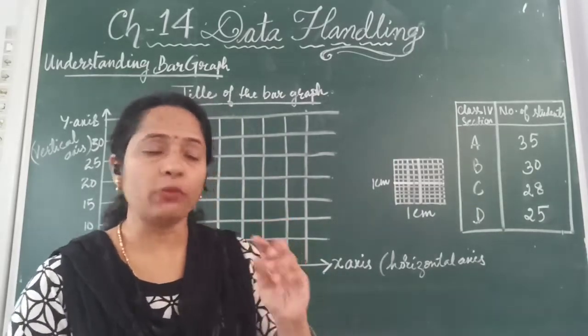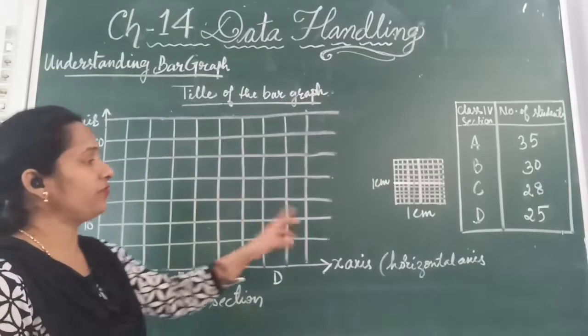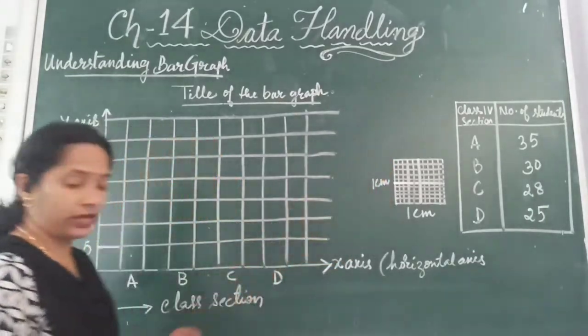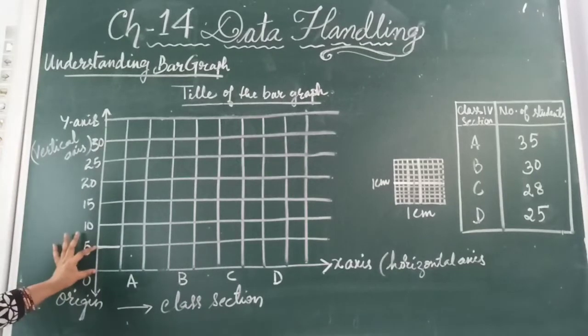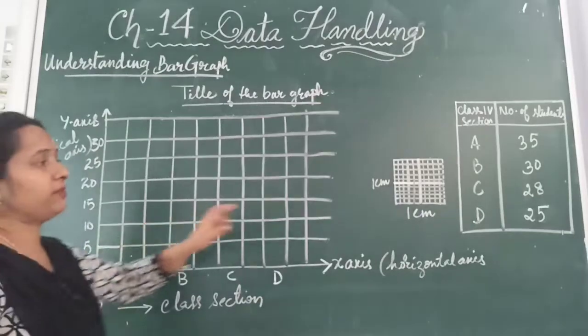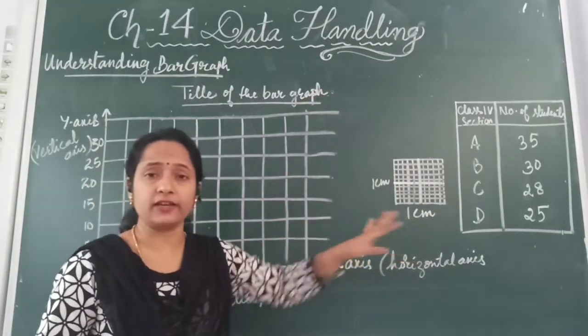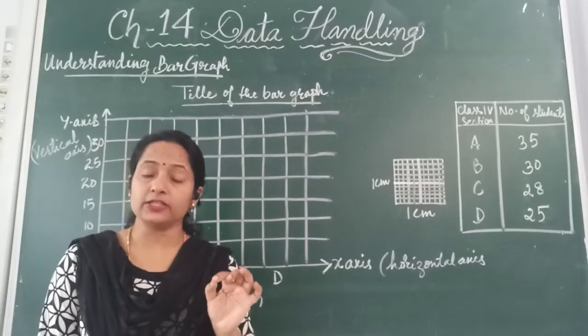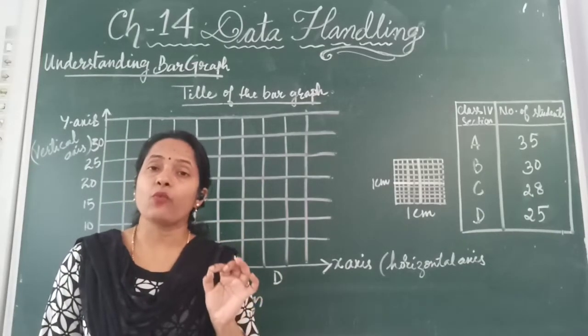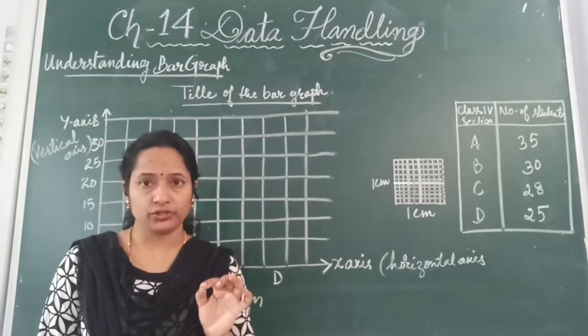Now, if you zoom in on each square grid, you find the length of each square grid is 1 centimeter, and each square grid is divided into 100 small square grids of length 1 millimeter each.